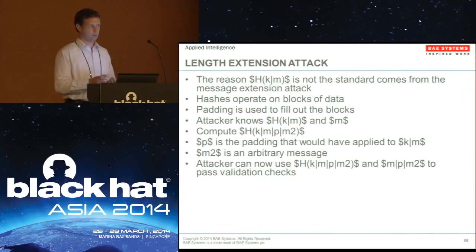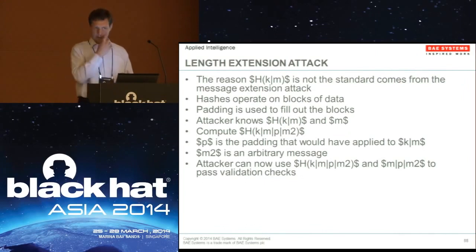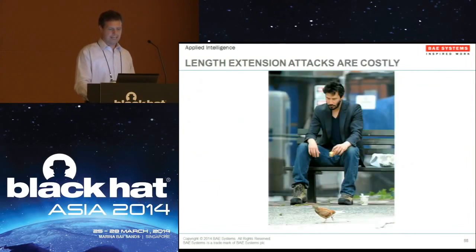So you can append padding and a different message to the non-secret details of the signature, the transaction data, and actually have the hash collide. That way you can pass validation checks. Sadly, length extension attacks are pretty costly.